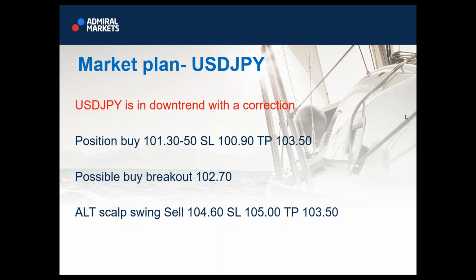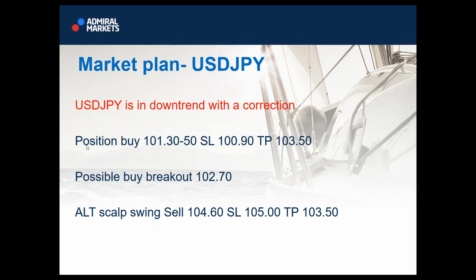You can check it with Admiral Markets, main website, and the main thing here is actually the price is in a form of uptrend because it's a correction, but generally this is a downtrend.